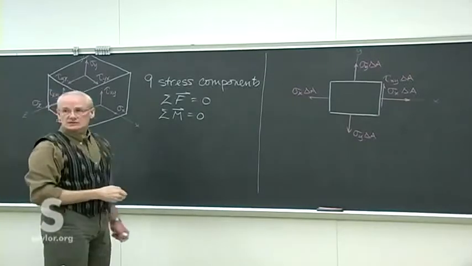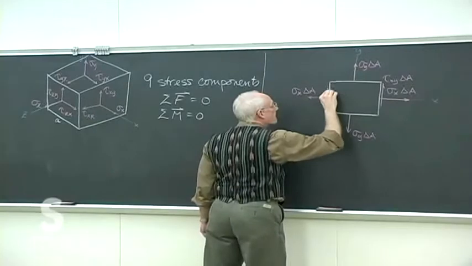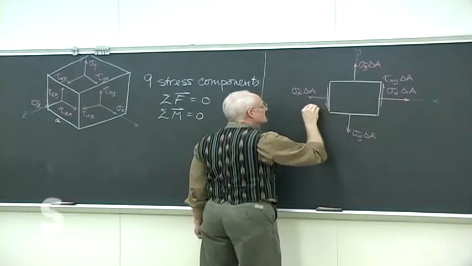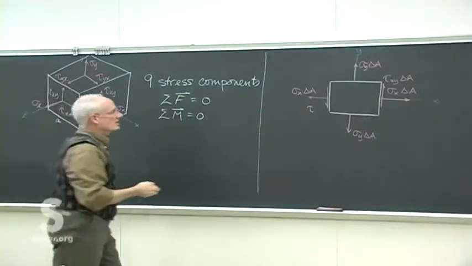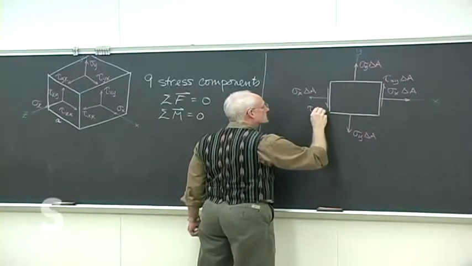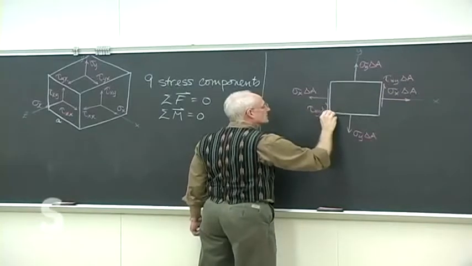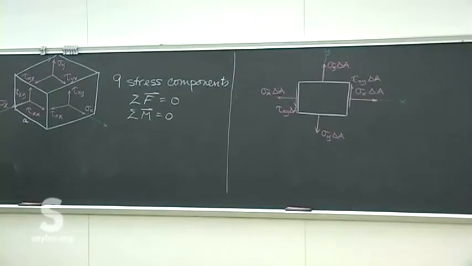It's not going to be a big concern. All these delta A's are the same anyway. And this is on the back face, so this is tau, also on an X face, also in the Y direction, also acting on an area delta A. So that's tau xy delta A as well. So we automatically have a force balance there as well.